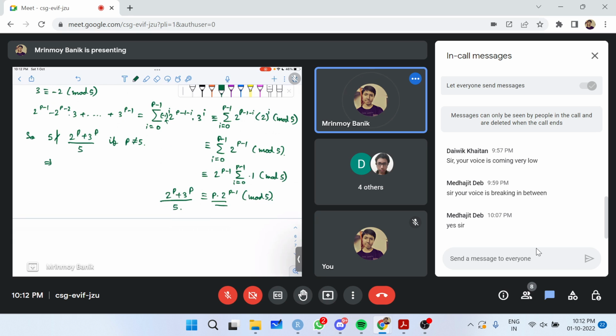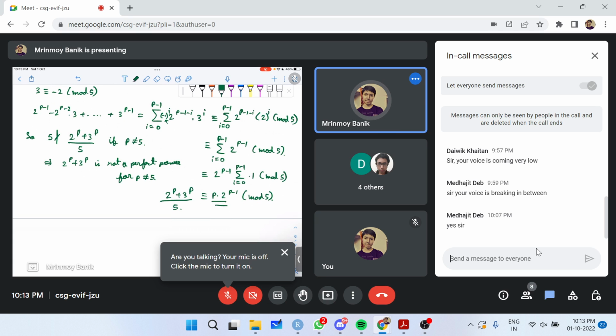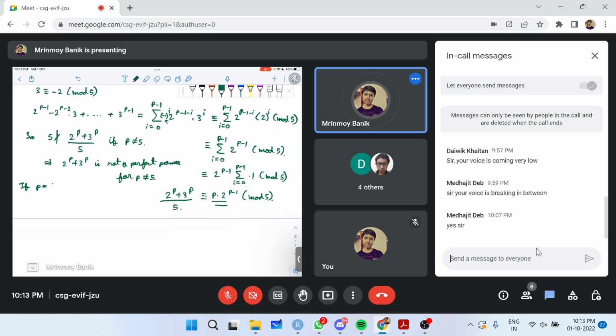This implies it can't be a perfect power. So 3^p + 2^p is not a perfect power for p not equal to 5. It has only one factor of 5, an odd number of factors of 5, so it can't be a perfect power. So the only case left is p exactly equal to 5. Let's check that case explicitly.